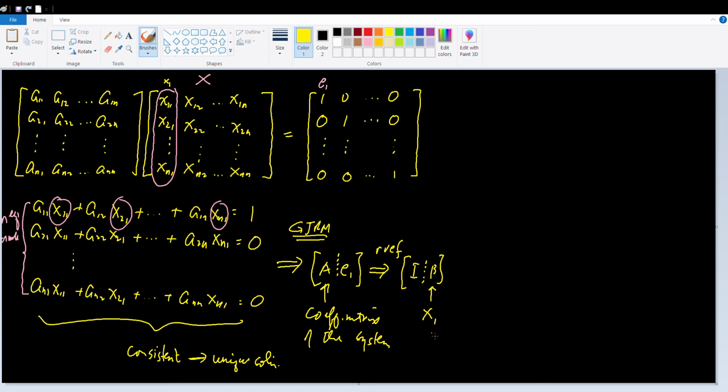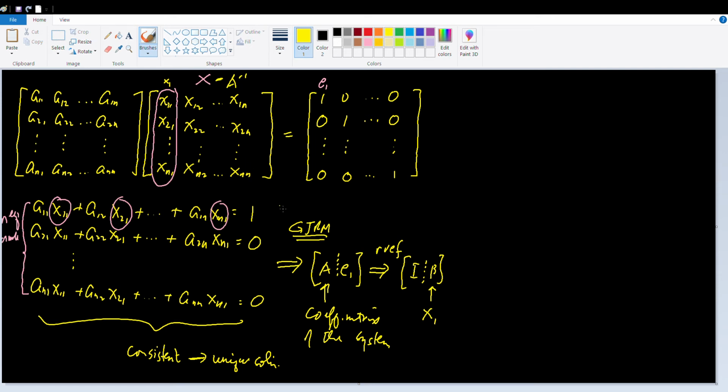Alright? So again, we work on this system of n linear equations in n unknowns, where the unknowns are the entries of the first column of the inverse matrix, which we are denoting by X. That is the inverse matrix, A inverse.